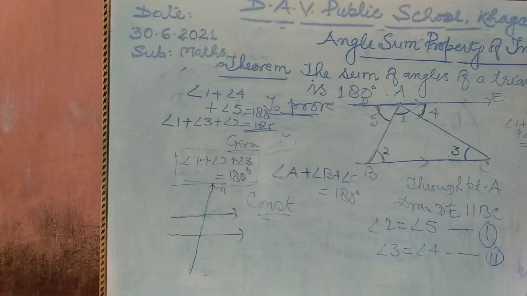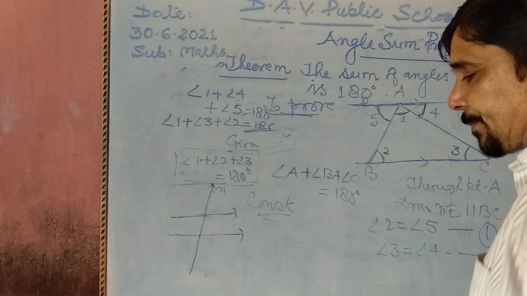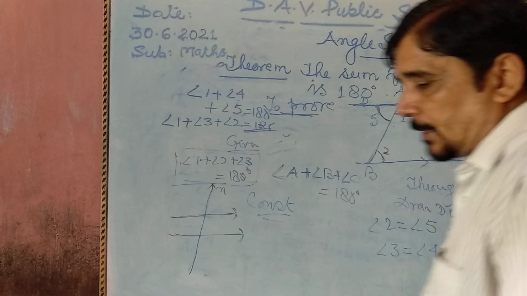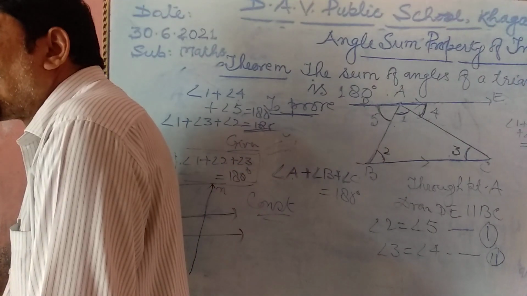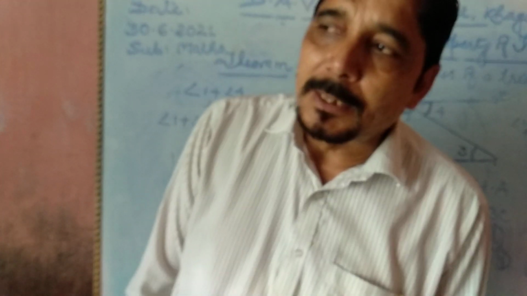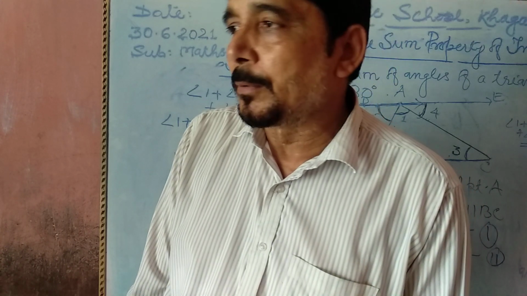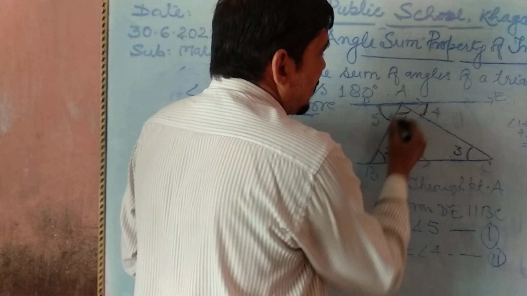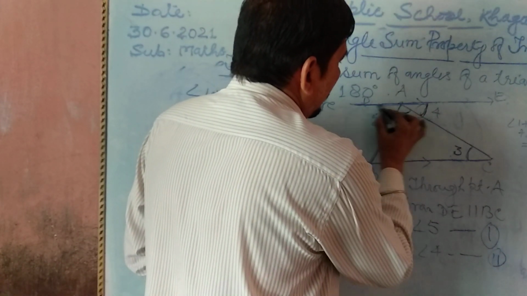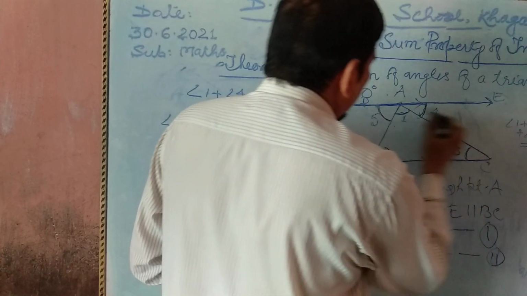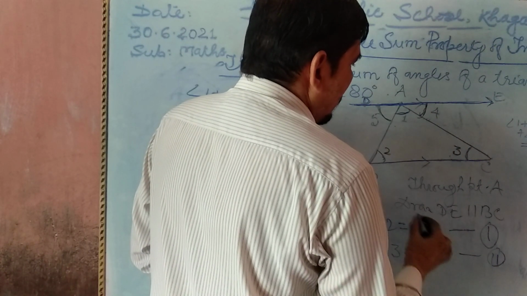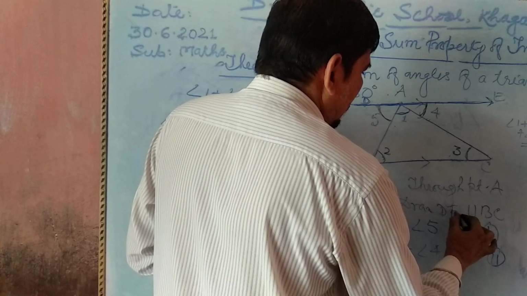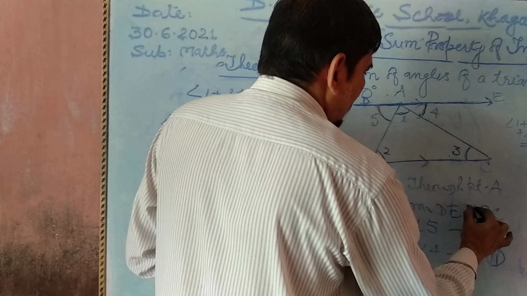Now we have to do some construction for getting these results. Through any vertex of a triangle, you can draw a line parallel to the side which is opposite to that vertex. Now here I am taking vertex A and through point A, draw DE parallel to BC.